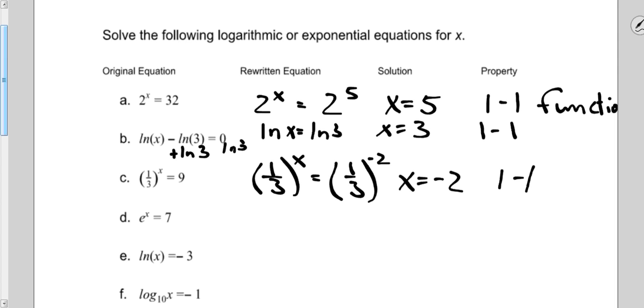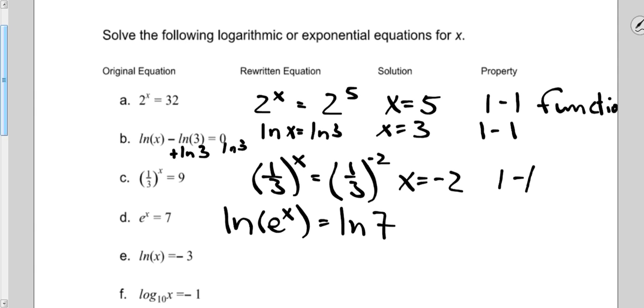If I take the natural log of e to the x, what do I get? What's the base of my natural log? e. So e to what power gets me e to the x? Right. So if I take the natural log of this side, what must I do to the other side? Take the natural log of it as well, right?